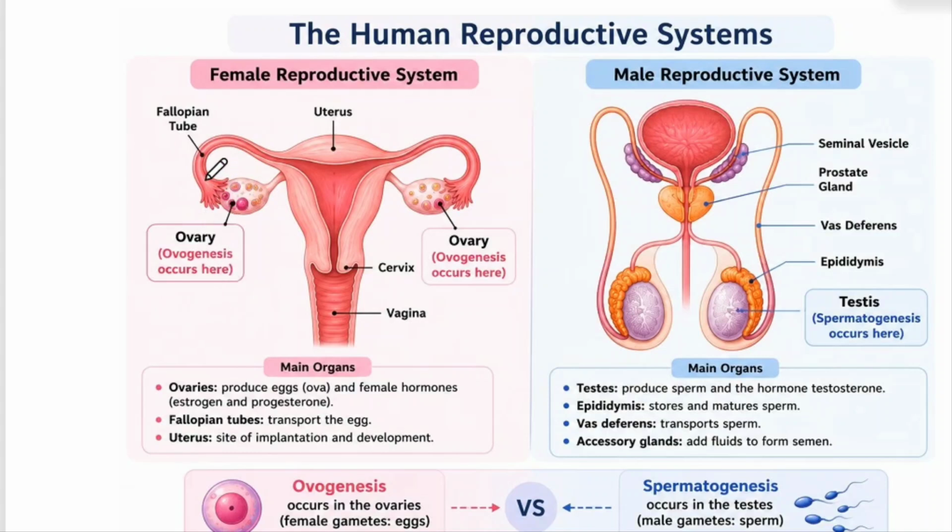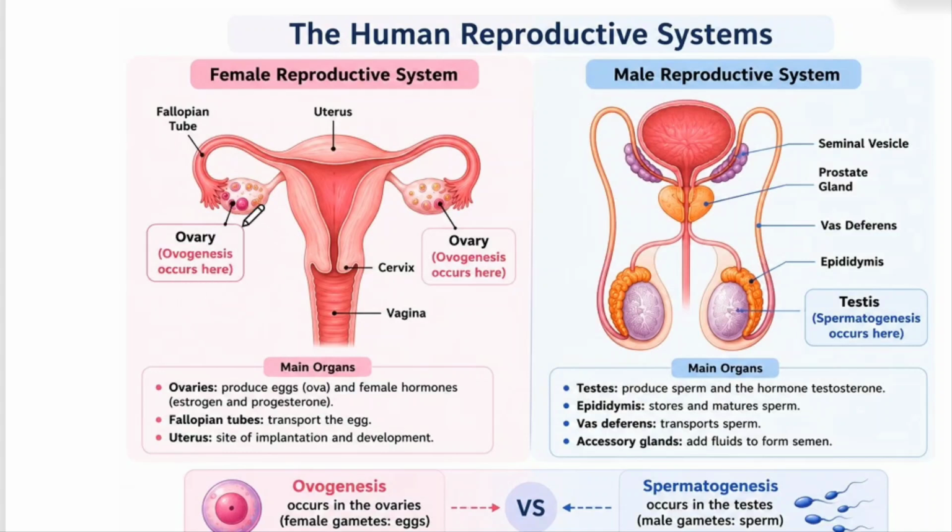It produces the female gametes for the fallopian tubes, and it secretes the female sex hormones, estrogen and progesterone.